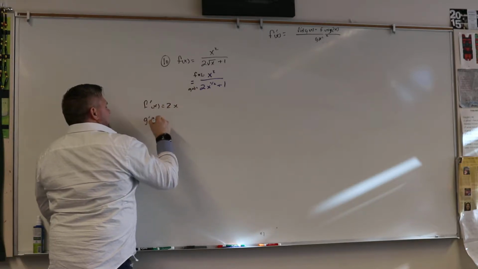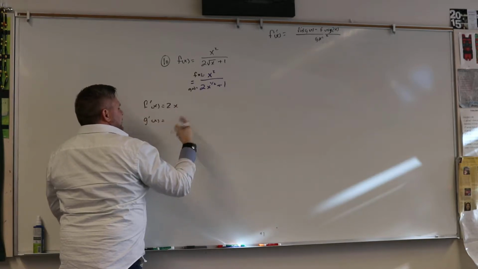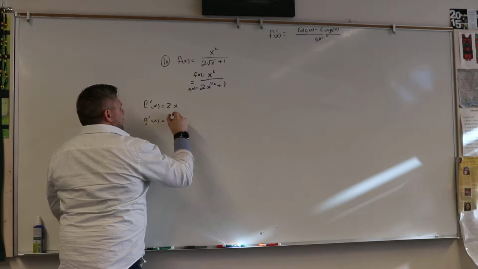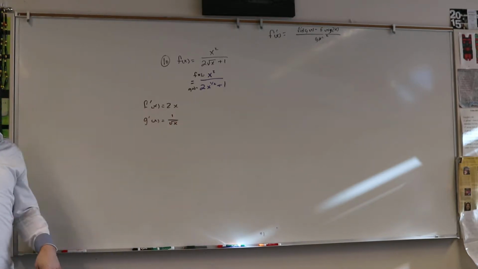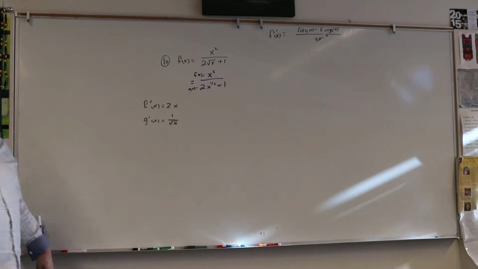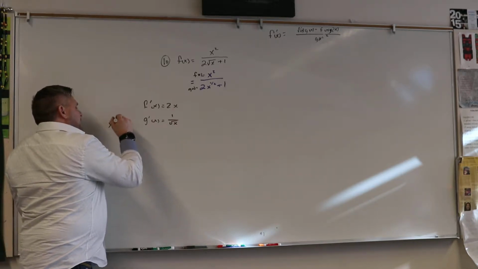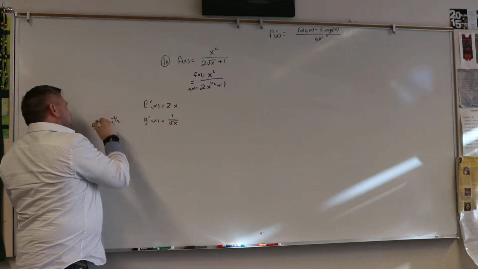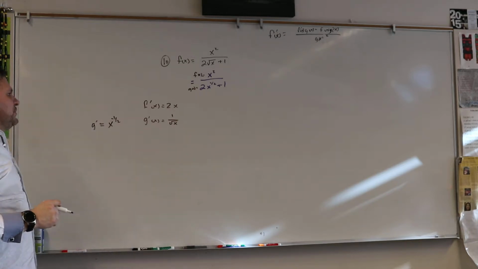And g prime of x would equal 1/2 of 2 is 1, right? But then take it away, it'd be 1 over the square root of x, or 1 over x to the 1/2, right? Or x to the negative 1/2. Does that make sense? Yeah. So it'd be one of these two that you want to use.